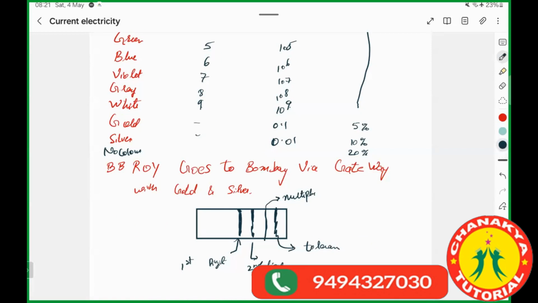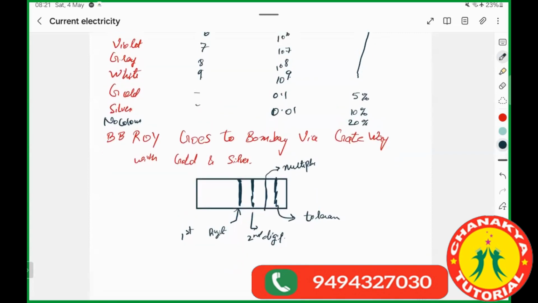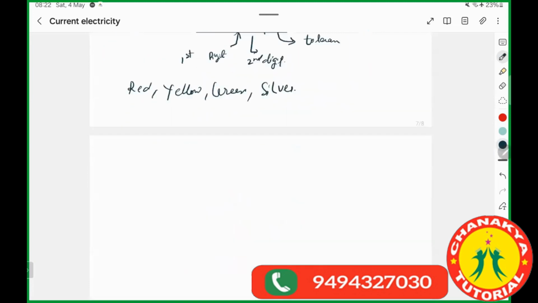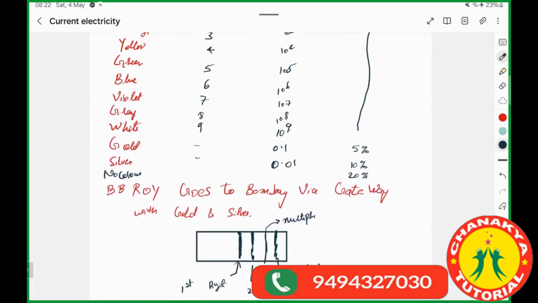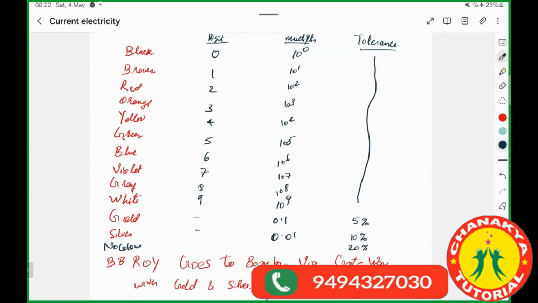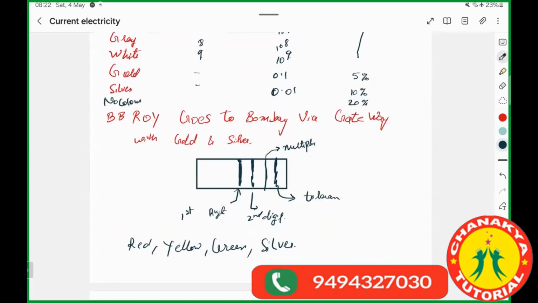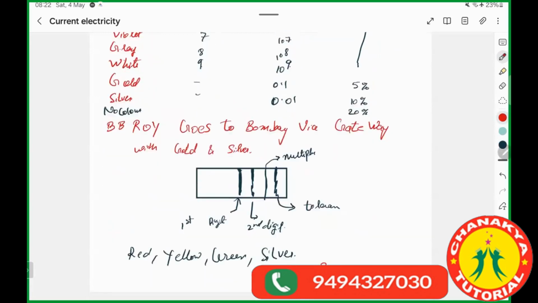Now suppose we have the color sequence red, yellow, green, silver. Now how to write this? Red. So first find red. Where is red? Second number. So red is 2. Red means 2, yellow is 4, so it means 24.